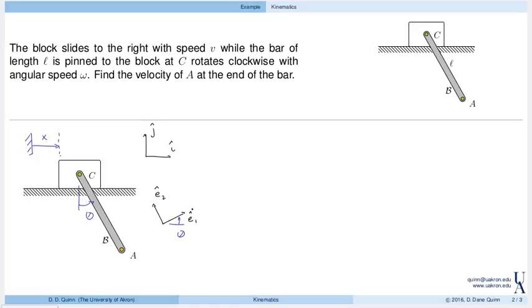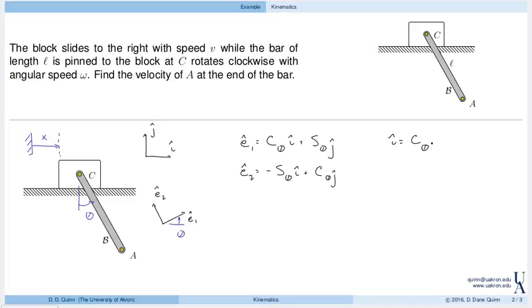So now, if we want to relate E1 and E2 to I and J, we can do that. Here E1 is cosine of theta in the I direction plus sine of theta in the J direction, while E2 is minus sine of theta in the I direction plus cosine of theta in the J direction. And we can also relate I and J back to E1 and E2.